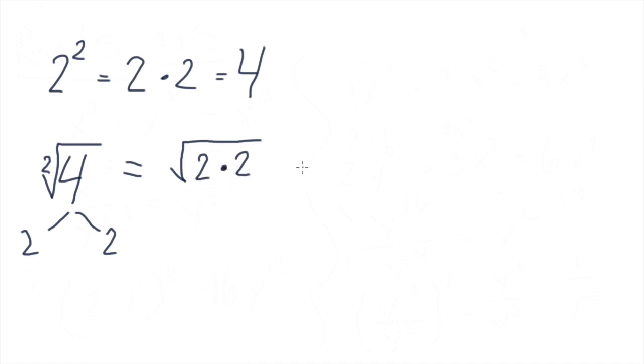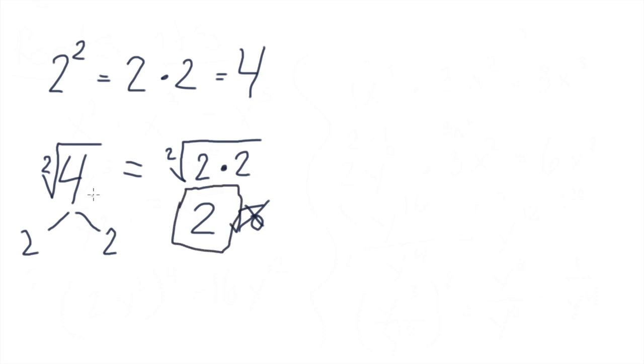Now since a square root is also a second root, that means we're trying to find basically pairs of numbers that multiply. So here we have a pair of 2's, which means we can take a 2 out of the square root. And once we take a 2 out, there's nothing left inside, so our answer here is just 2.